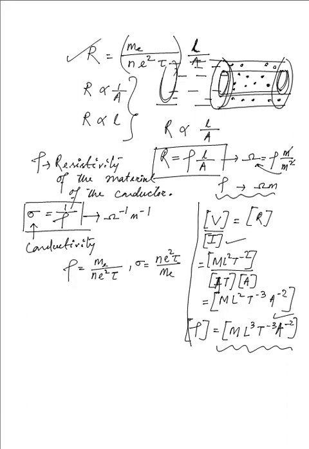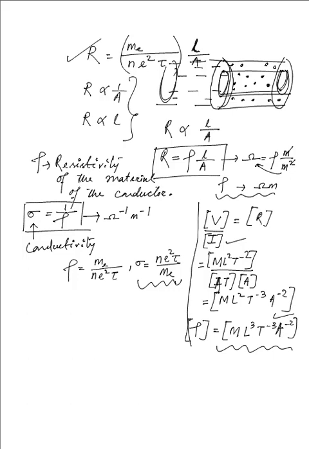We'll be using this expression later on while discussing ionic conductivity, or it's not there in this chapter, of course, as far as the syllabus is concerned. It's later considered for semiconductors. We'll be using this expression for conductivity, which will help us to get a new expression.